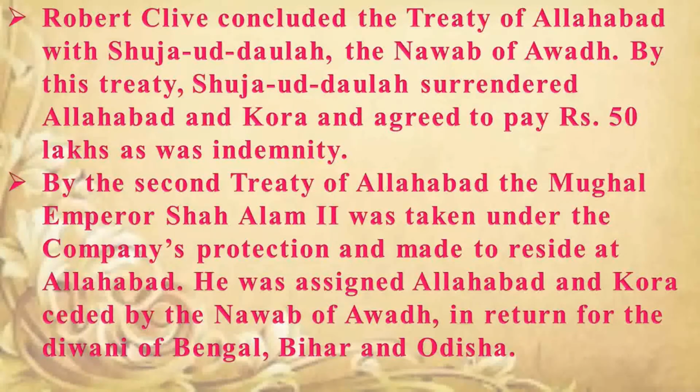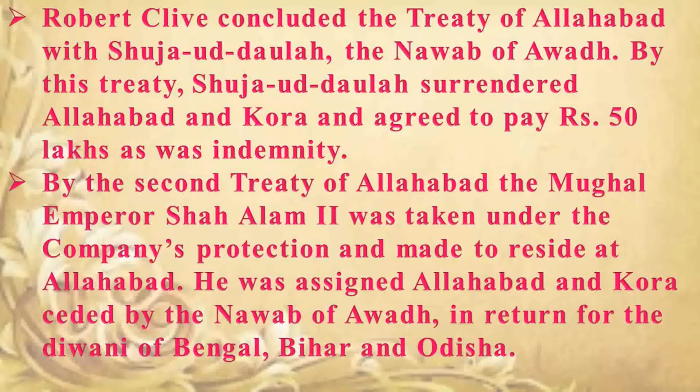Robert Clive concluded the Treaty of Allahabad with Shuja-ud-Daulah, the Nawab of Awadh. By this treaty, Shuja-ud-Daulah surrendered Allahabad and Kora and agreed to pay rupees 50 lakh as war indemnity.